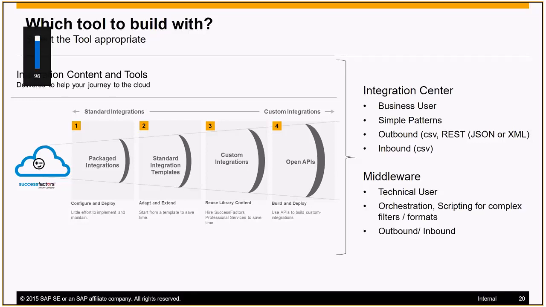A lot of the technical aspects of the integration will be encapsulated within the integration center. So you only worry about the data and not the actual mechanism of how the data gets into SuccessFactors.